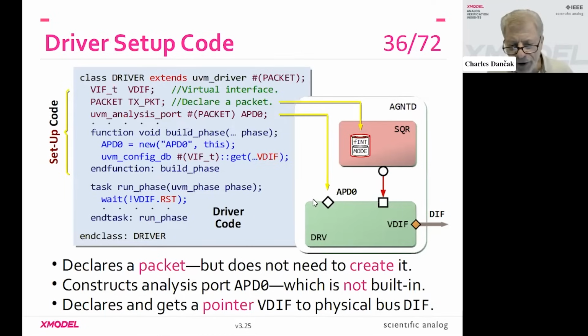So we need this analysis port, APD0, analysis port driver side, and we can then in build phase construct it. And then this is where we call the centralized database, we call get to associate vdiff with diff. So that gives the run phase task direct access to any signals in the interface bus, such as reset.